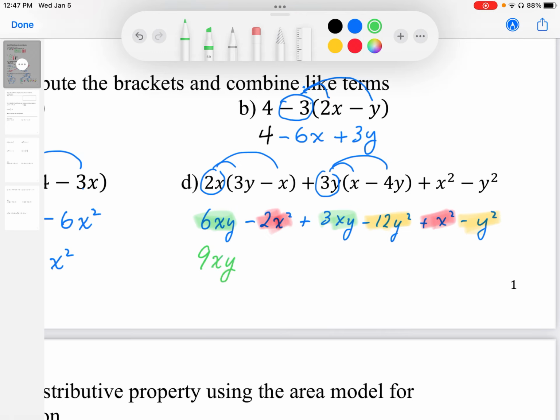With the x squareds, I have to remember that this is not just 2x squared, but negative 2x squared. So I have negative 2x squared plus x squared, which means I still have a negative 1x squared. Lastly, with the y squareds, these are both negative y squared, so I have negative 12, negative 1. That gives me negative 13 y squareds. I don't have any more like terms, so I have to leave my answer like that.